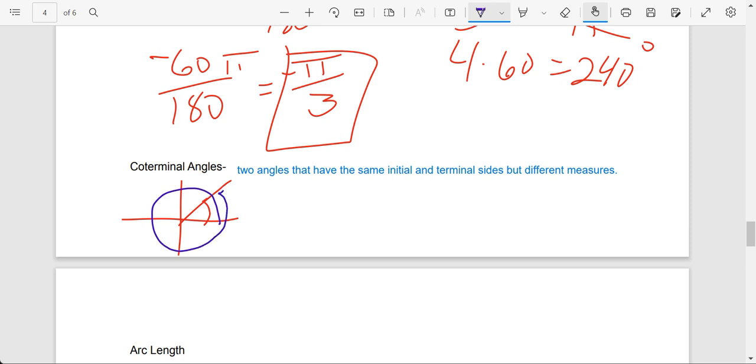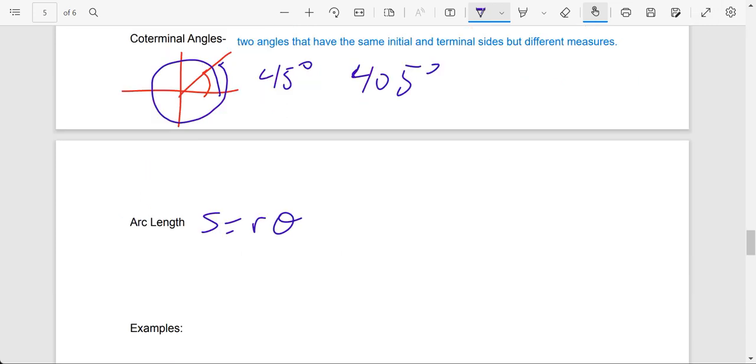That's called coterminal angles, when you have two angles that have the same initial and same terminal side with different measures. Let's say the red one was 45 degrees, and then the next one, one full turn more, would be 405 degrees.